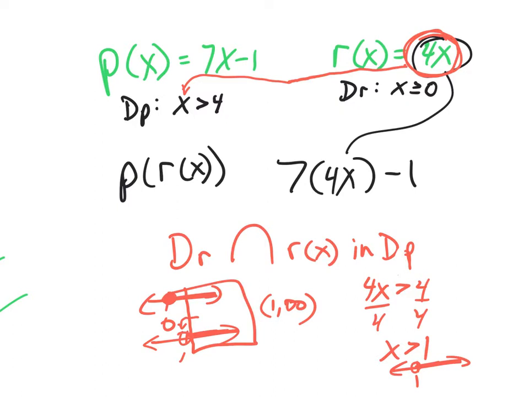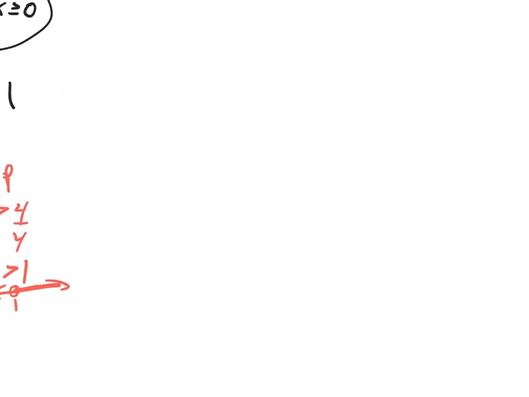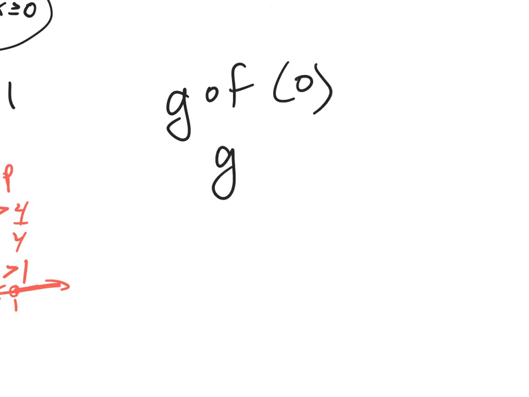This one is called 3.2, day 1, and we're going to do problem 1 in all of its parts. The first thing it says to do is find G∘F(0). I want to make sure that you understand what that means. When it says G∘F(0), that means G of F of 0.